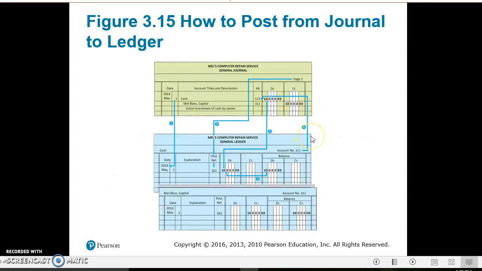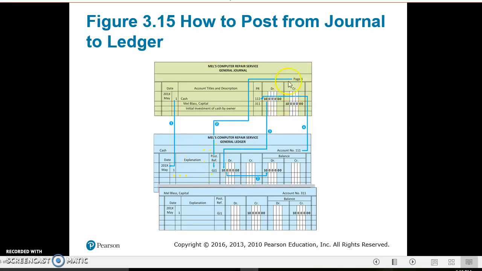So this is what it looks like. I know this is kind of small, but we have our general journal here. We had cash for a debit of $10,000. So we come to our general ledger, come to the cash account, and put the date in there. We're going to put the same date that's up here, even if it's 2 days later. Then on post reference, you need nothing in the explanation.